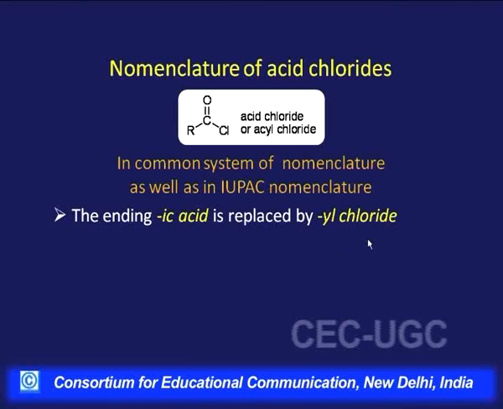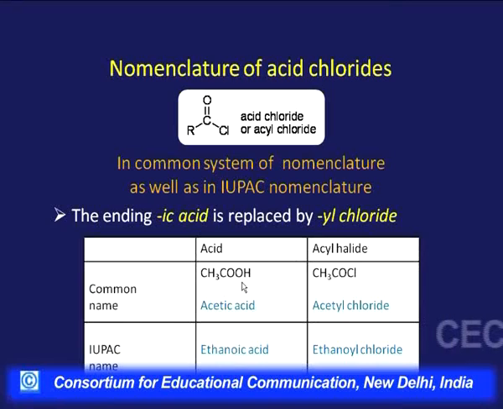We will see it with the help of some examples. Let us take the simple acid CH3COOH, which is commonly known as acetic acid, and its IUPAC name is ethanoic acid. When this OH gets substituted by Cl, we get this acyl halide. The formula for this is CH3COCl. Now, while naming this compound, we have to replace ic acid.